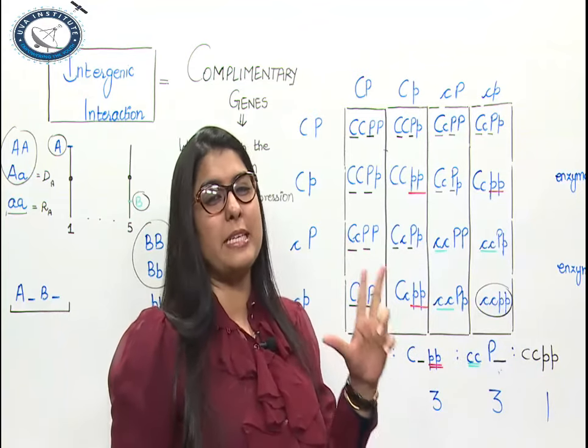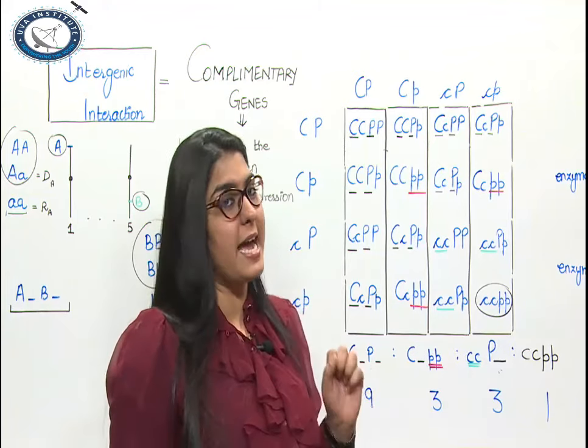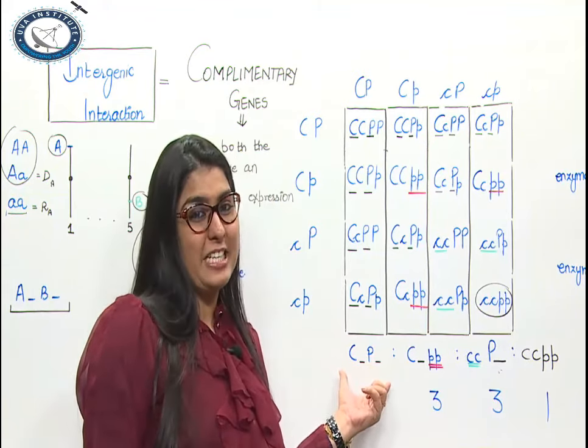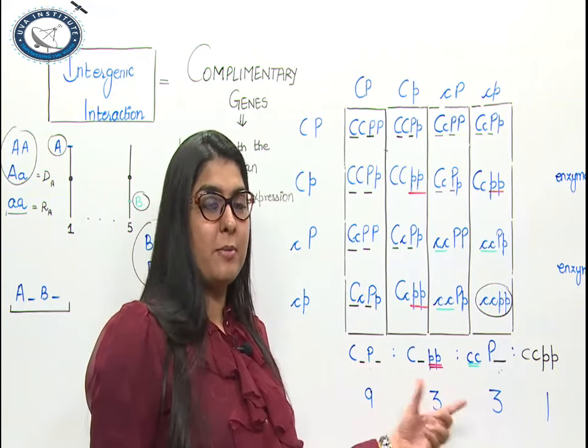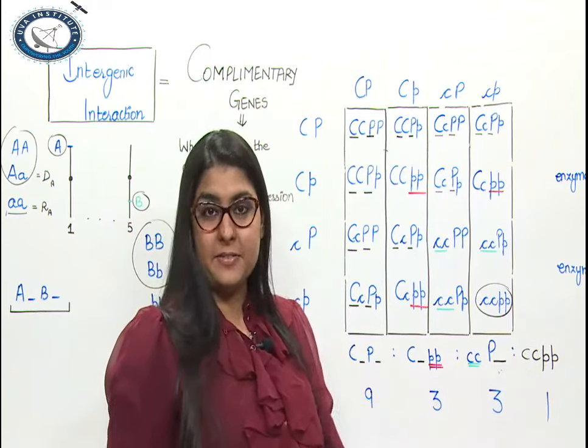So we must know how much frequency these genotypes have out of 16 in a dihybrid cross. We have 9 with each gene having one dominant, one completely recessive and the other dominant, vice versa, and completely recessive.